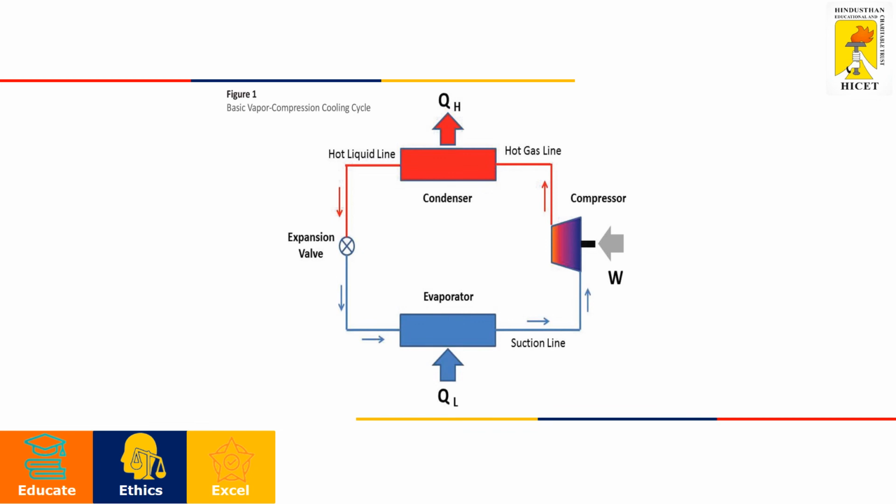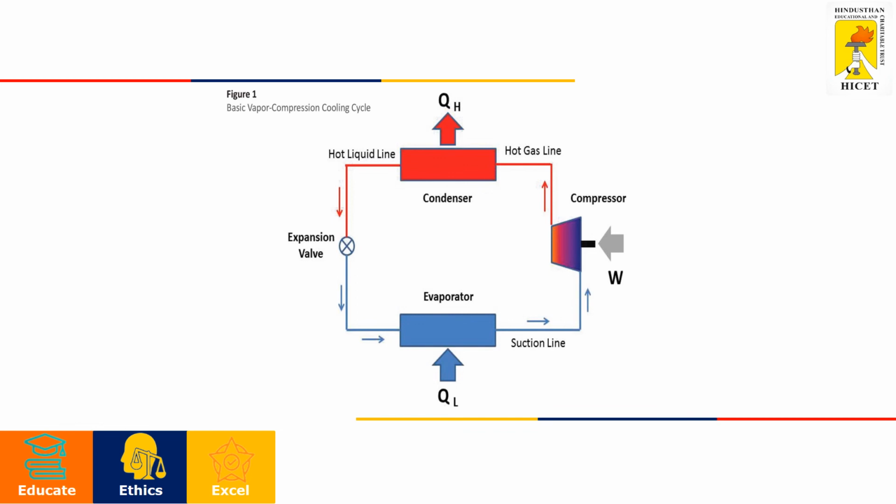It enters the condenser, and the condensation process takes place. When it comes out of the condenser, it is a hot, high pressure liquid. The gas alone is converted into liquid, but the temperature and pressure remain the same. For that we use the expansion valve.